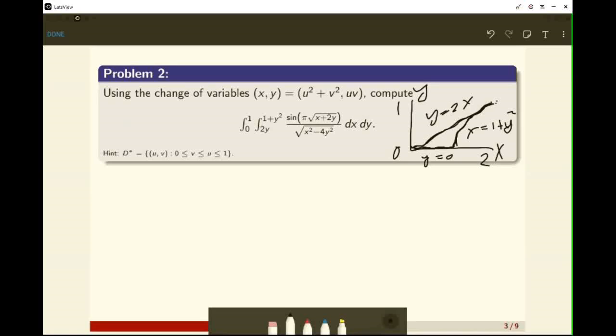The one I chose was for v to equal 0, but equally well you could say it's the curve u equals 0.